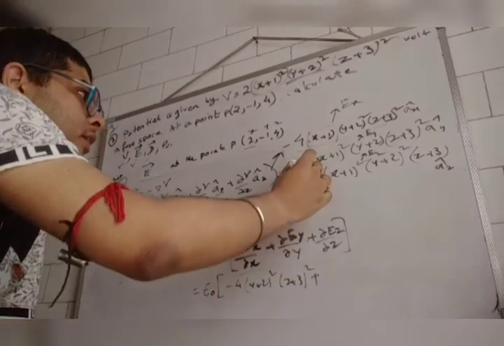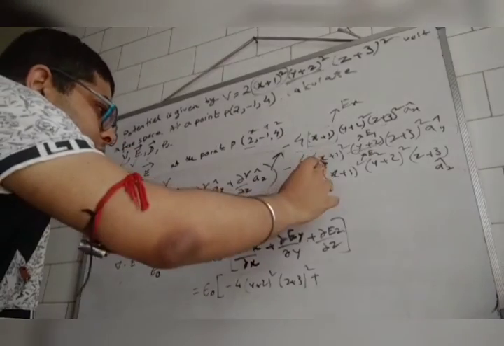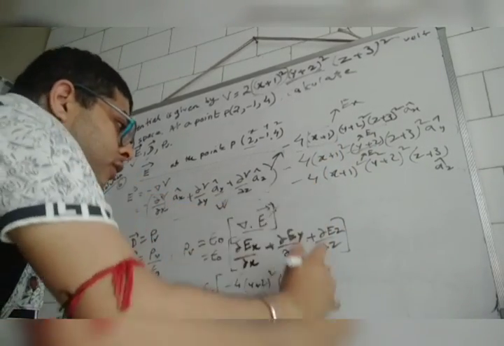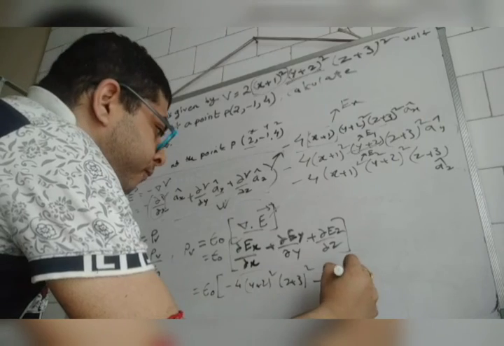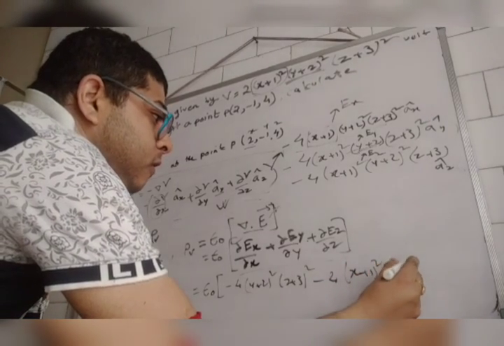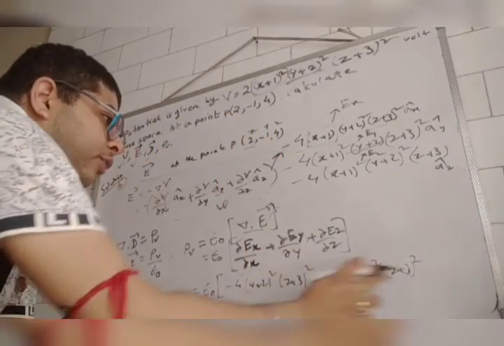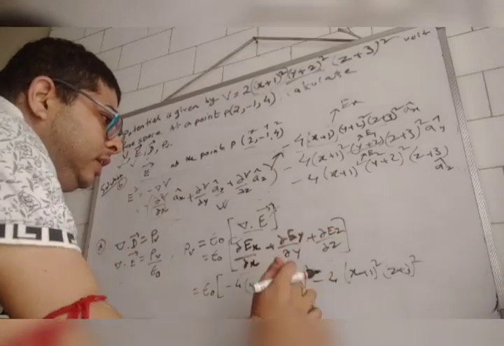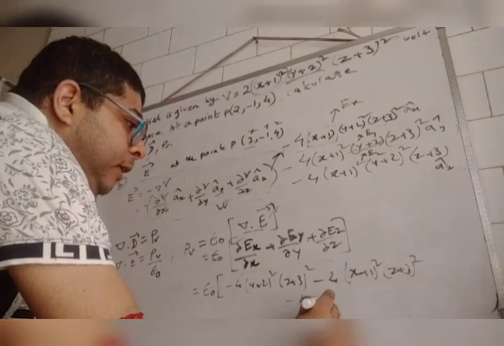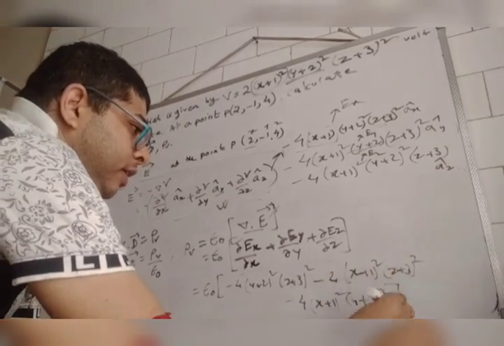Similarly for this one, this term will be omitted and we will have only minus 4 (x plus 1) whole square, (z plus 3) whole square. Remember there will be no unit vectors here. And from here you will have 4 (x plus 1) whole square, (y plus 2) whole square.